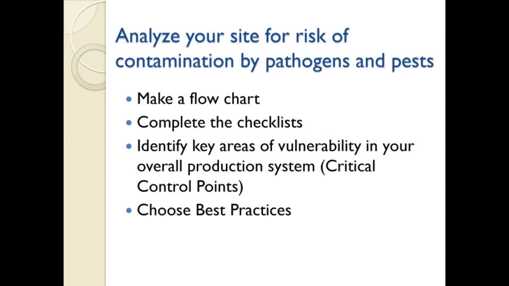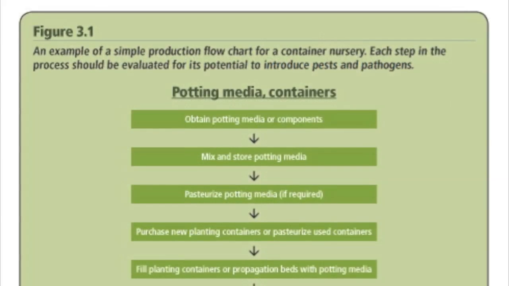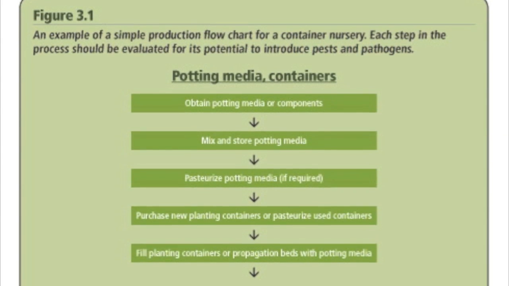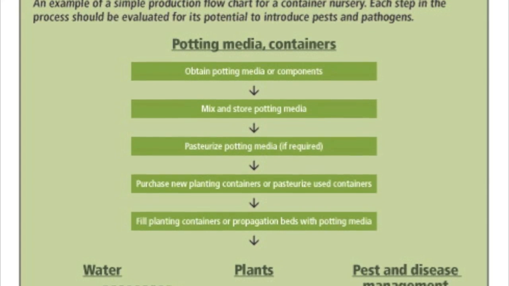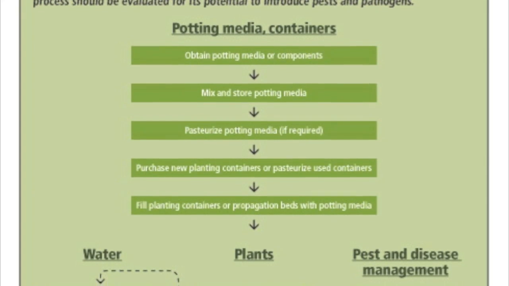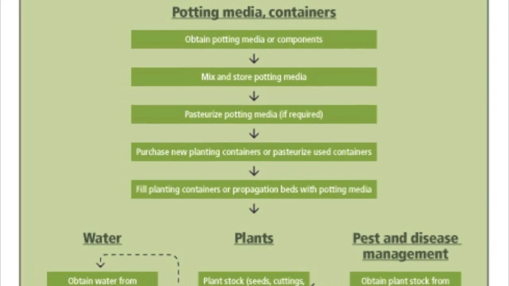So let's see what page this is on now. If you look at the flow chart on page 16, here's a sample flow chart. Every nursery is going to be different, and this is a simple way of drawing a flow chart. You'll recognize quickly that there are lots of loops and arrows going different directions in a real nursery situation.